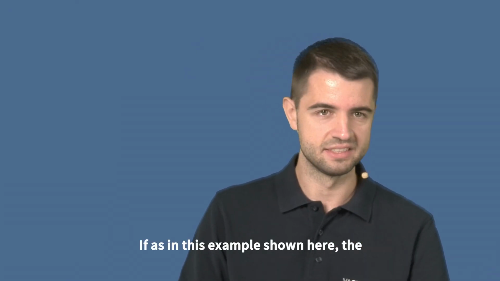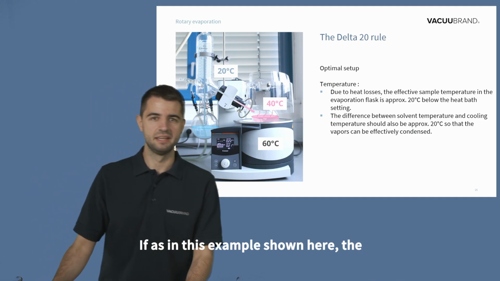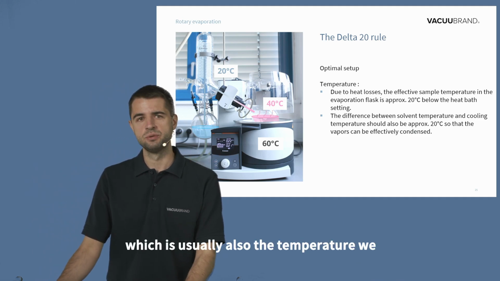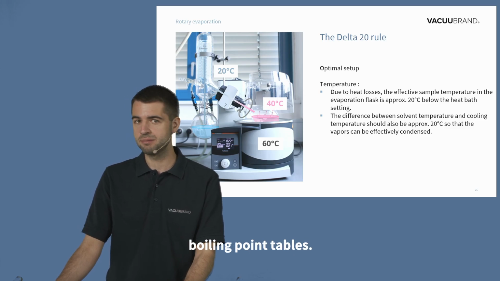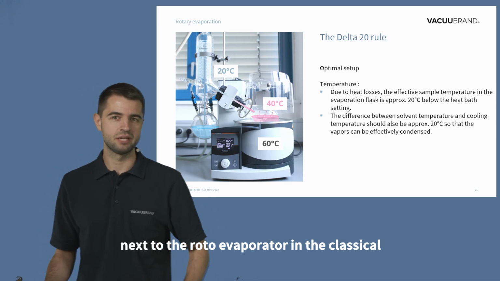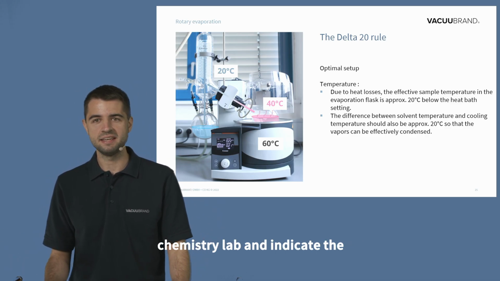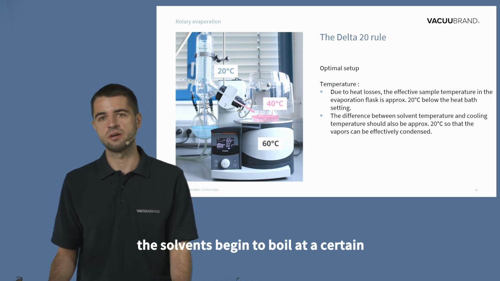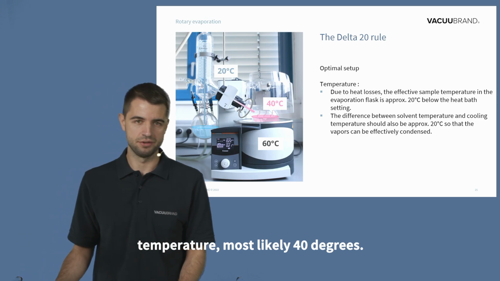If, as in this example shown here, the solvent should evaporate at 40 degrees, which is usually also the temperature we know from the classic boiling point tables. I mean, these tables are usually laminated next to the Rotary in the classical chemistry lab and indicate the corresponding pressure ranges in which the solvents begin to boil at a certain temperature, most likely 40 degrees.